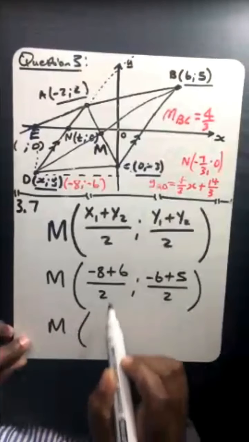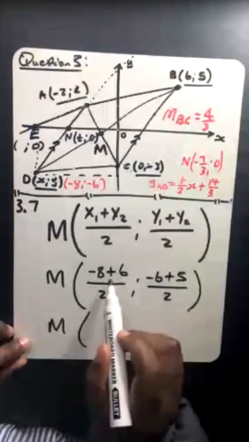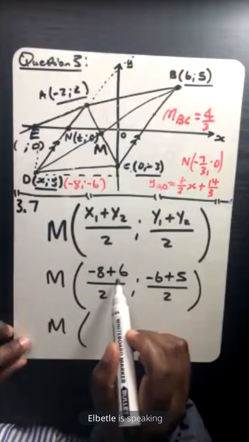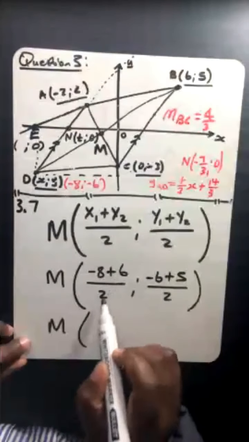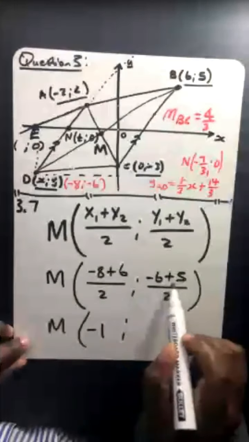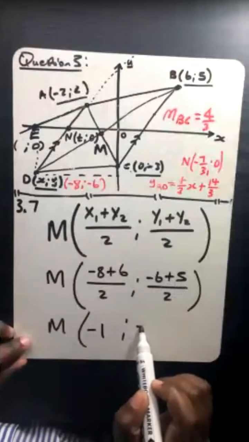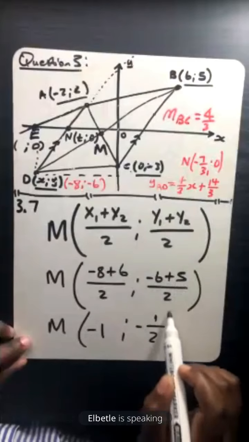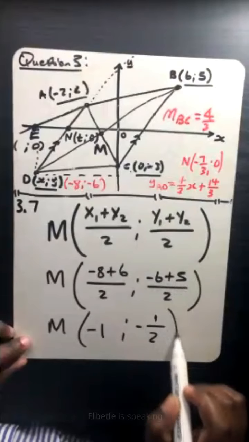So that means, what is this thing, guys? It's -1. -2 divided by that, then it's -1. This is -1, which means we have -1 over 2.